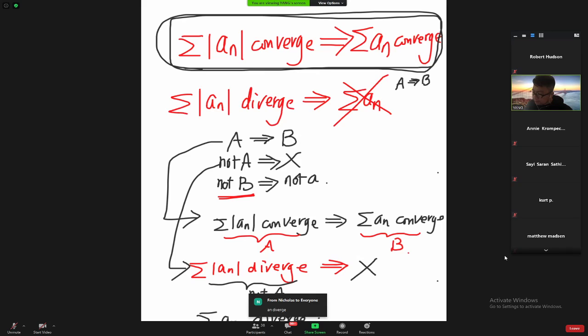Now let's see, not B means not A. What is not A? This one diverges, right? Of course, a_n diverges, absolute value diverges, because absolute value is bigger than that. So this is comparable to this one.